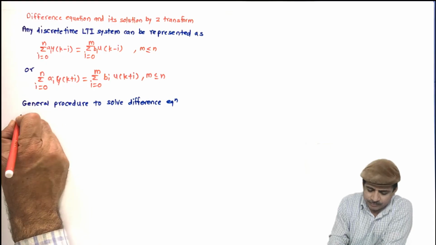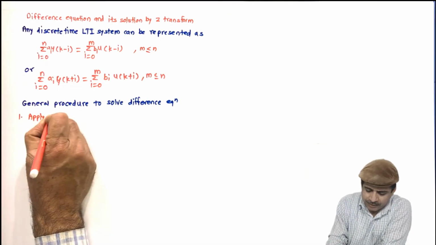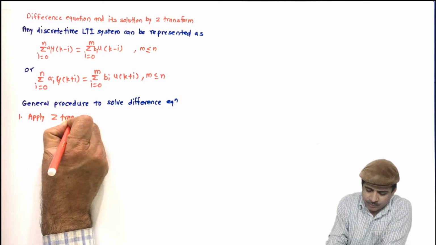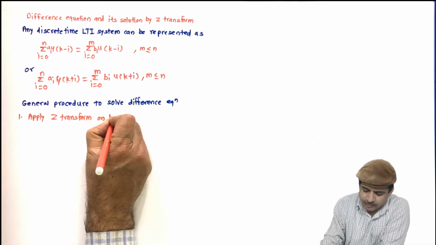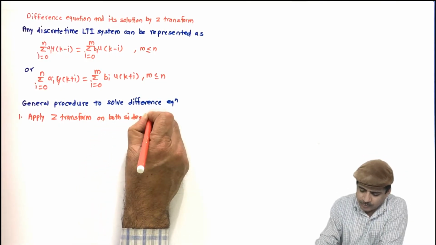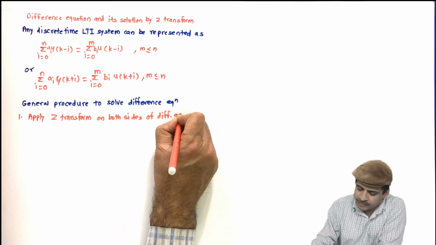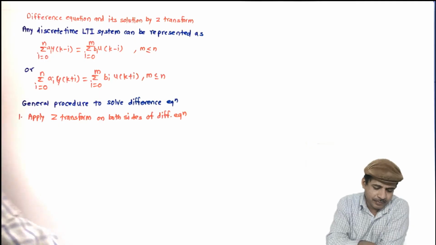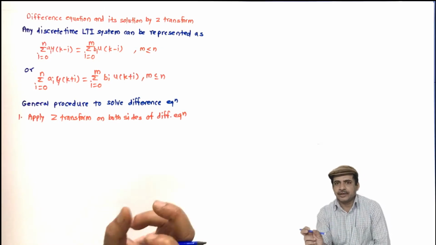Step number 1, apply Z transform on both sides of the difference equation. If I apply Z transform on both sides, I will get the terms in the form of y of z and u of z.